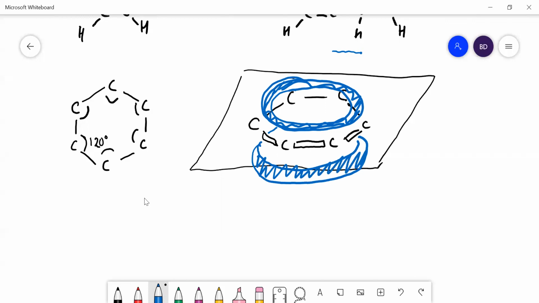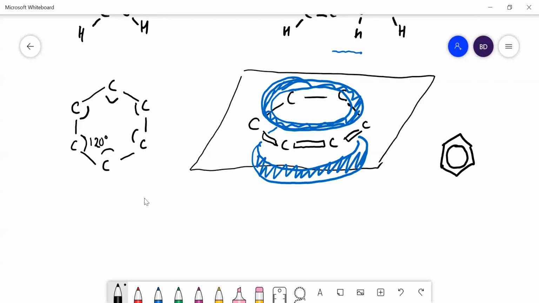Okay, so that's what benzene looks like. And usually, don't forget the hydrogen sticking out on each carbon, 1 hydrogen on each carbon. So quite often at A-level, we draw the benzene like that to show that the electrons are delocalized.